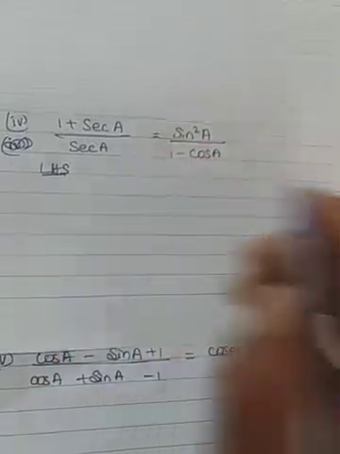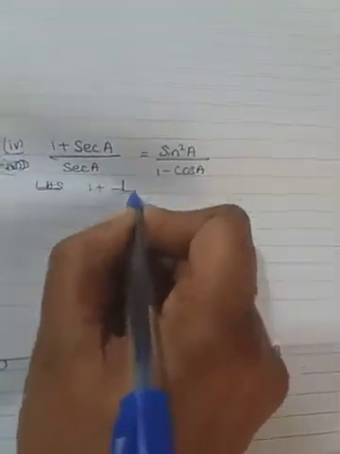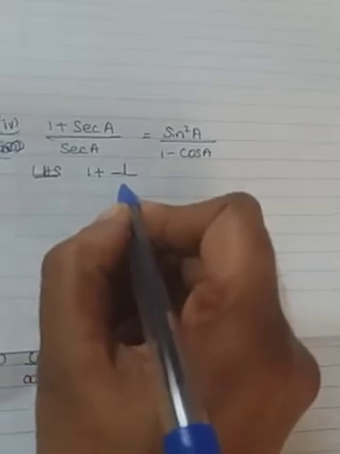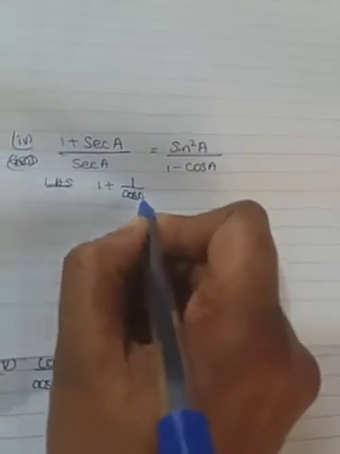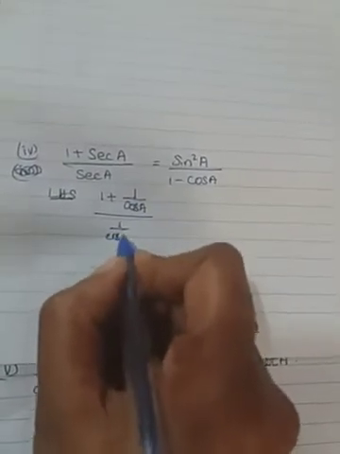LHS is (1 plus secant a) divided by secant a. Secant a is the reciprocal of cos a, so we can write 1 plus 1 by cos a, divided by 1 by cos a.